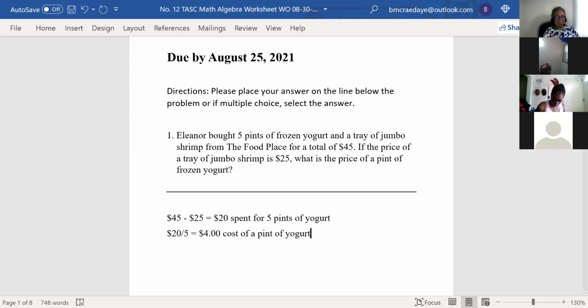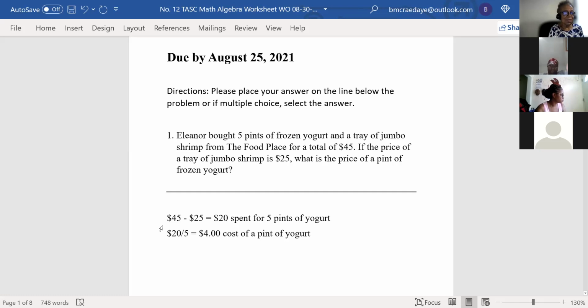Yeah, you had to subtract 25 from 45, leaving 20. And the pints is 5, and then the cost is $4. The $4 represents the cost for a pint of yogurt.